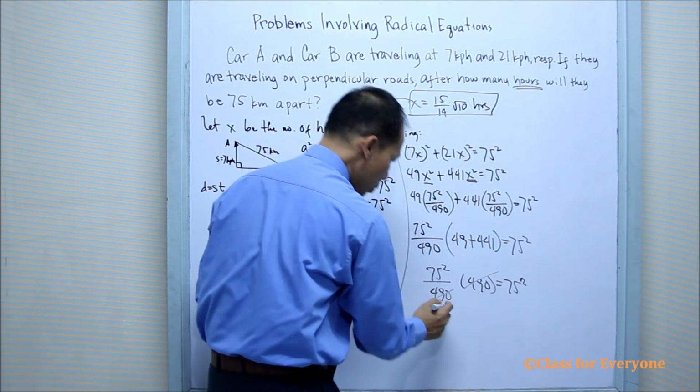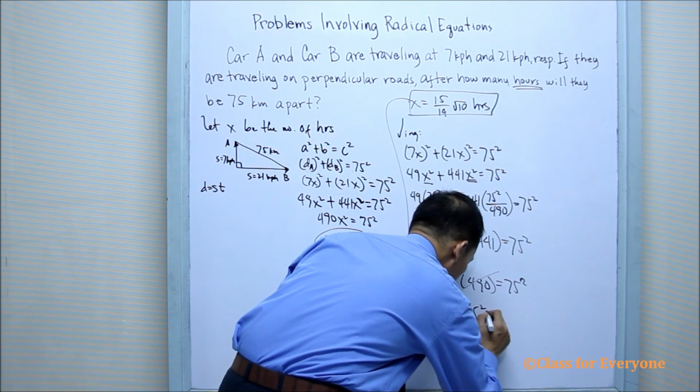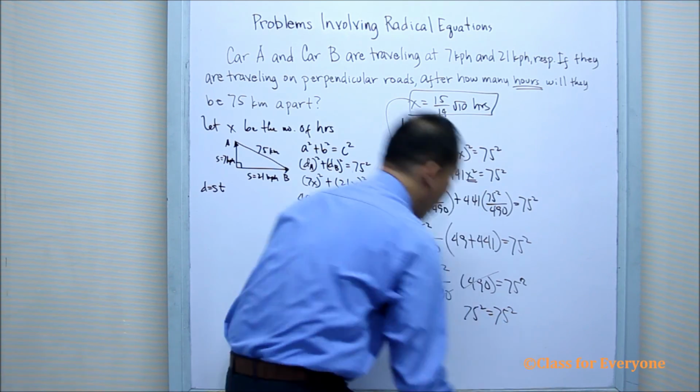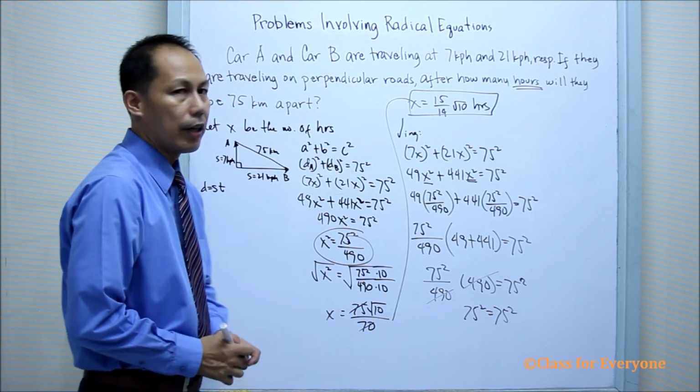We can divide this out. Therefore, 75 squared is equal to 75 squared, and so our answer is correct.